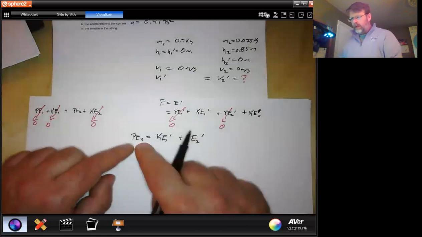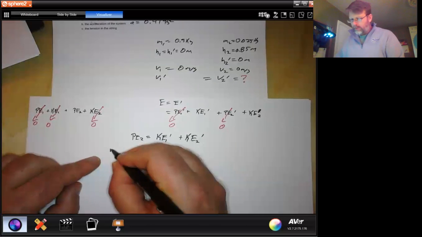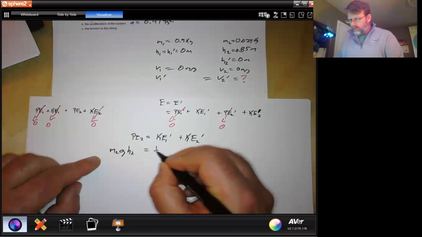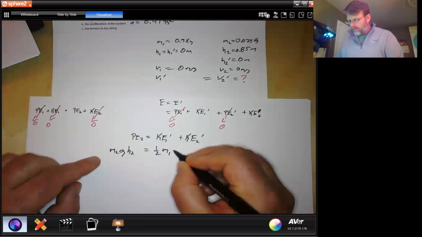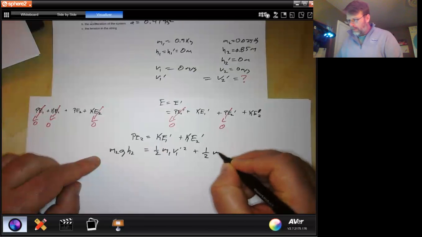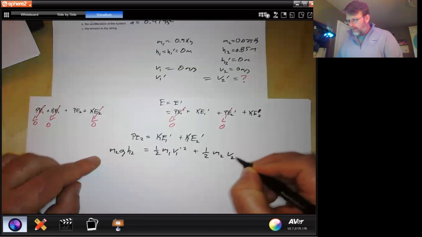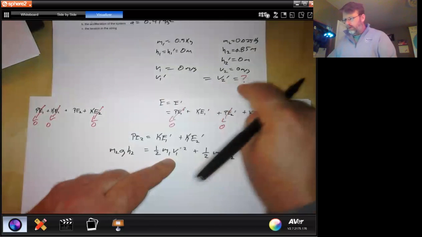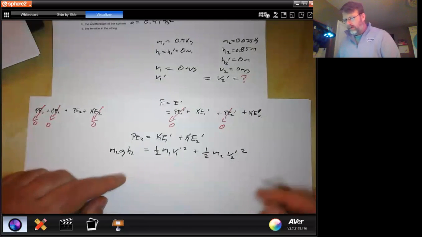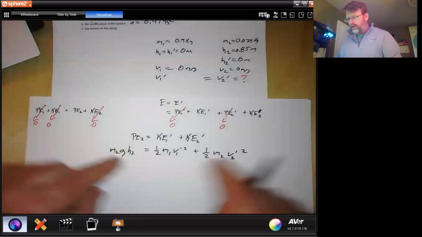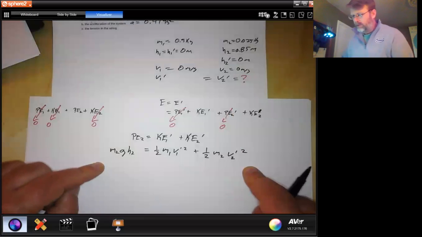Okay, so now we can go through that, and so we're going to have M2 g H2 equals... Okay, and those two are going to be identical. So that'll be a lot easier once we get our numbers in, but this is a great place for us to plug in the numbers now.